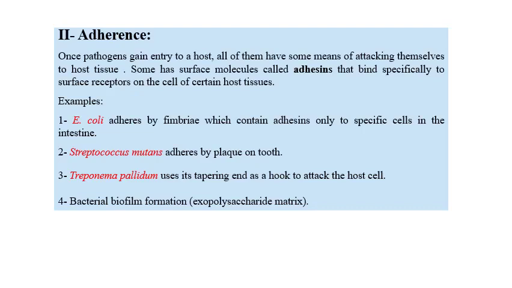Number 3, Treponema pallidum. It has a hook in its tapering end. This hook also helps this organism to attach to the host cell. And finally, bacterial biofilm formation. This is an exopolysaccharide matrix produced by different types of organisms that have this ability.